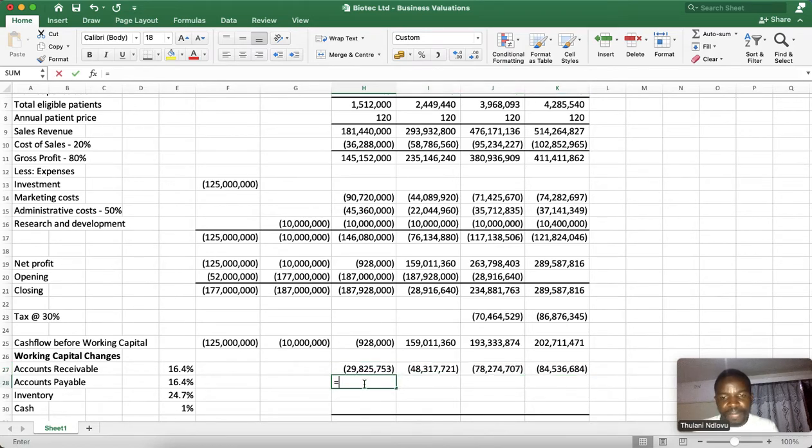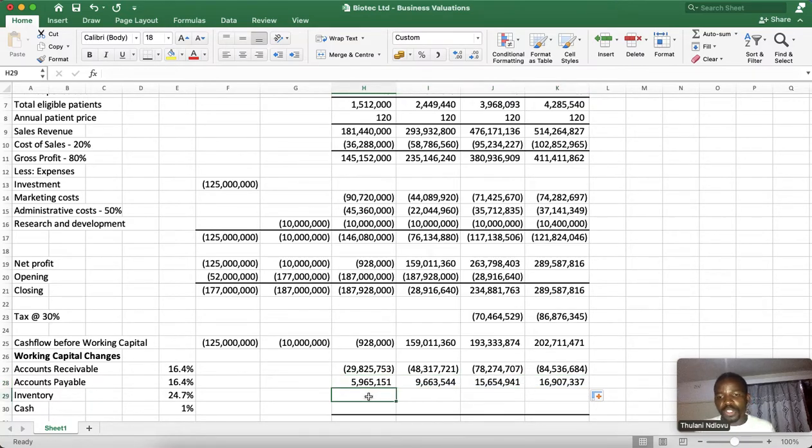Then accounts payable, now we'll be saying 60 divided by 365 is 16.4%. Then we multiply that by the cost of sales. Then we get that figure. Then accounts payable is a funding, so we'll have them as positive.